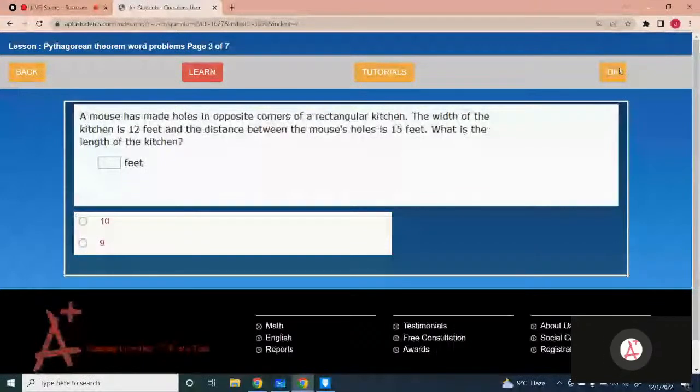A mouse has made holes in opposite corners of the rectangular kitchen. The width of the kitchen is 12 feet and the distance between the mouse holes is 15 feet. What is the length of the kitchen? Okay, you have to calculate the length of the kitchen.